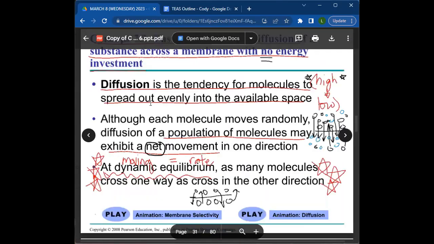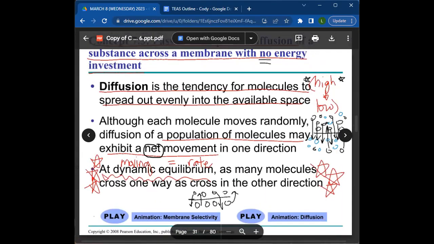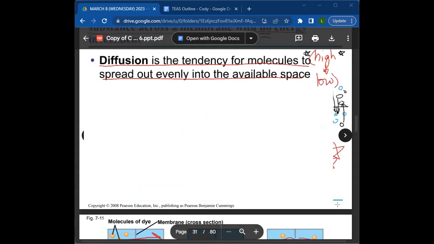So notice that, just to reiterate, diffusion does not need the help of a protein. Substances that undergo simple diffusion do not need the help of a protein. So that's important to know. Remember, what were the substances that didn't need the help of a protein?